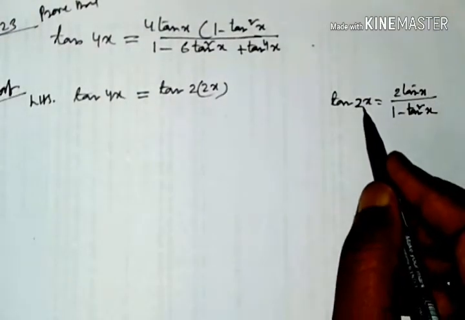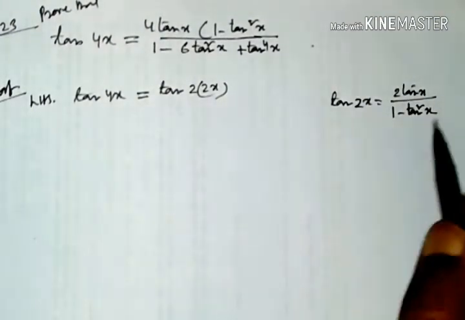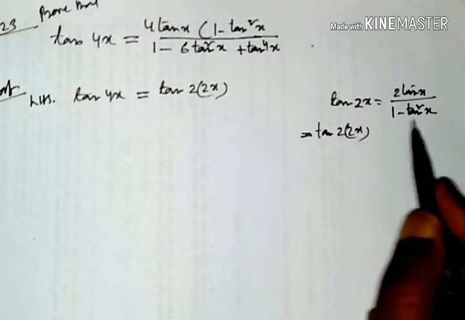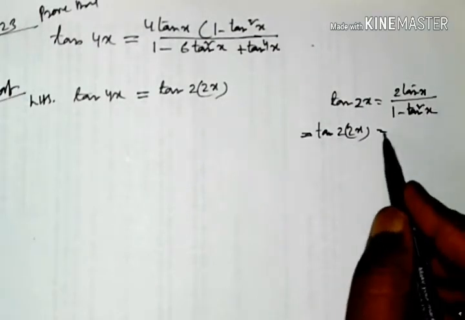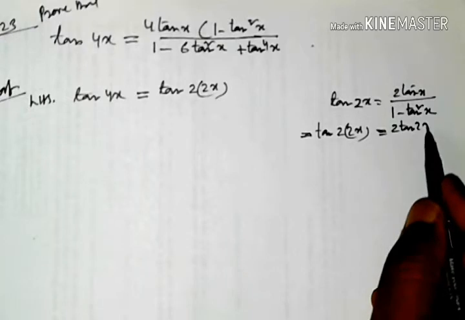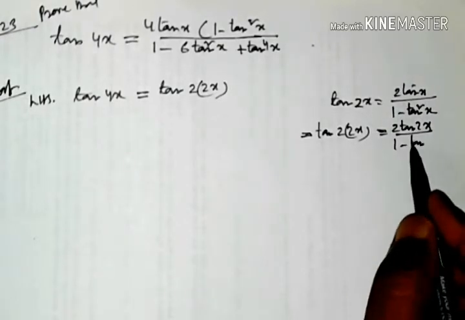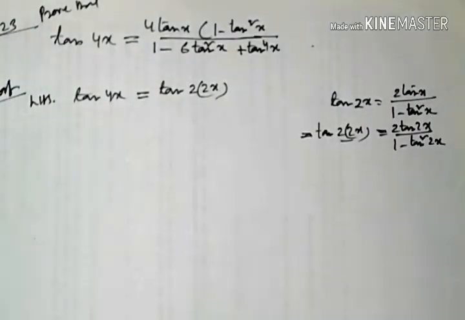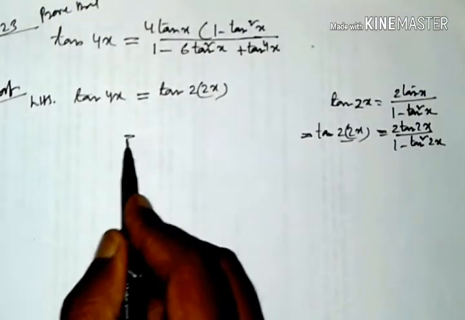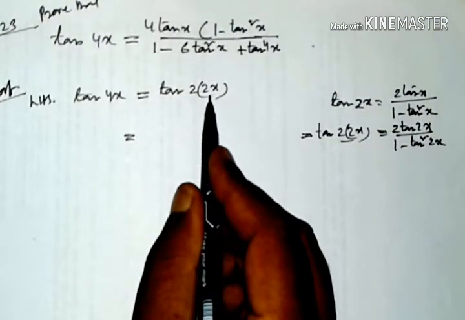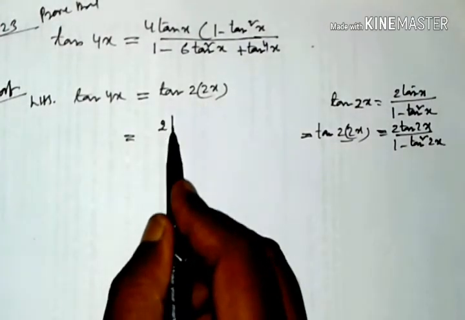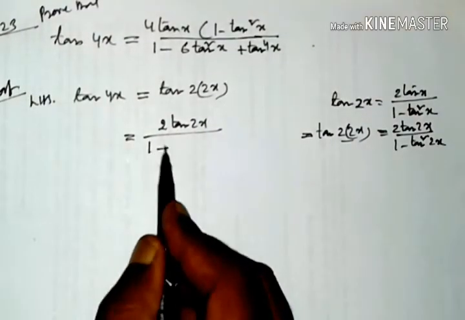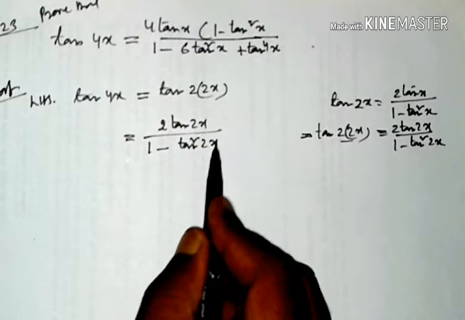Now if we replace x with 2x, tan 2 times 2x is equal to 2 tan 2x divided by 1 minus tan square 2x.